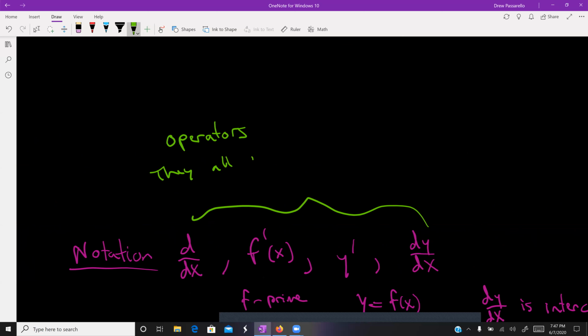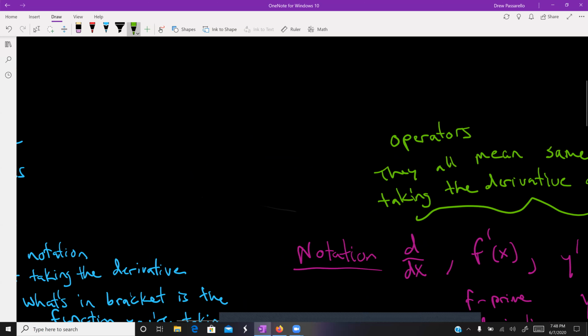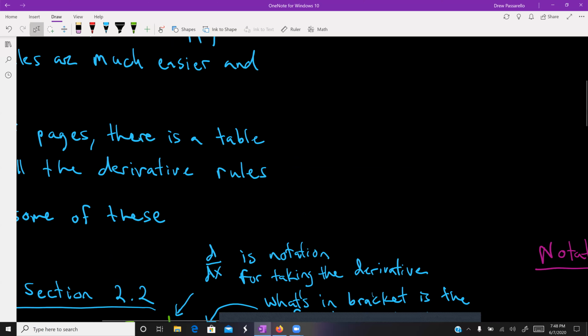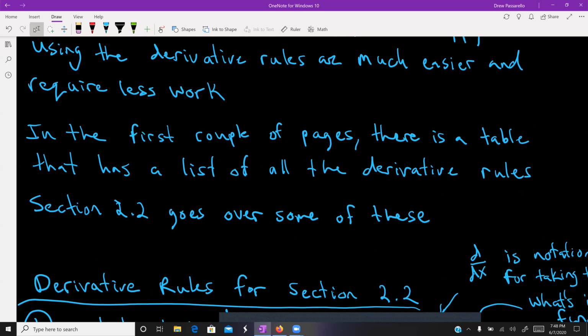They all mean the same thing, which is taking the derivative of a function. The derivative is an operator, and after you apply the operator, it gives you another function, and that other function is the first derivative of the function.